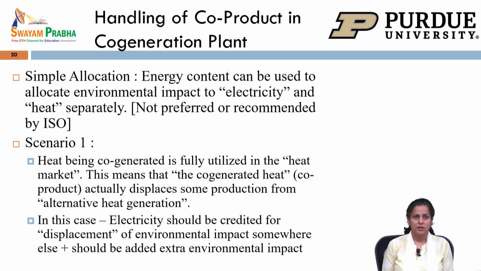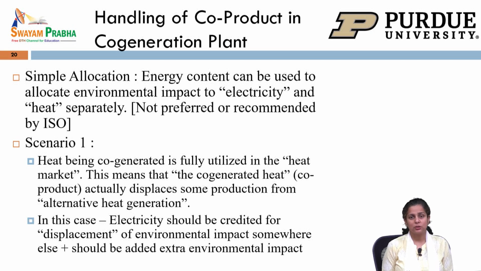So, if we want to avoid allocation in this case, we will consider scenarios. The first scenario is, if you remember, rule number 2, where the co-product is fully utilized. In scenario 1, we are saying that heat is being co-generated and it is fully utilized in the heat market.